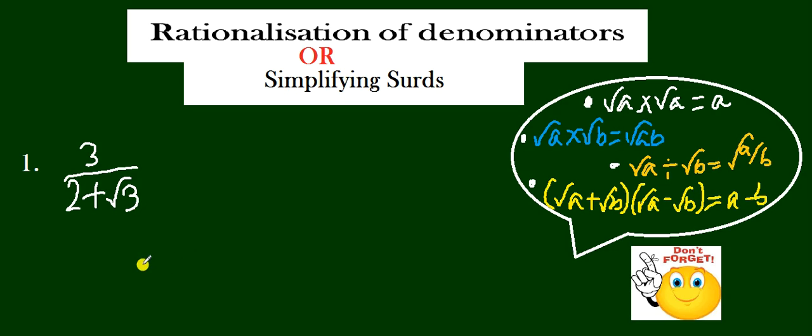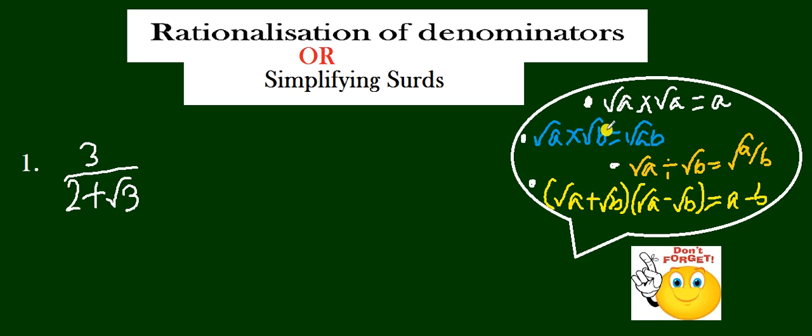Before we start with the actual method, you have to remember 4 important identities that you will be using a lot in this topic, the simplification of surds or irrational numbers.